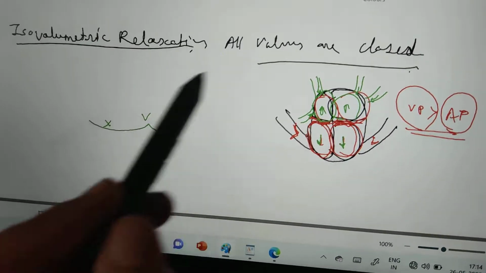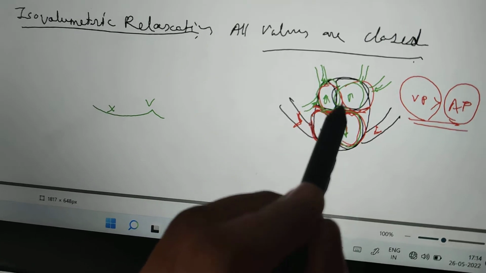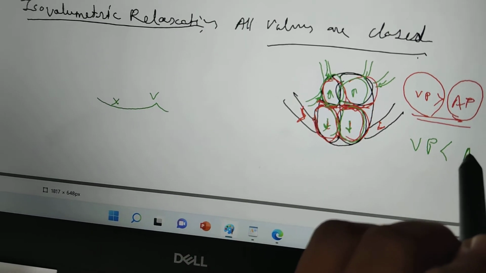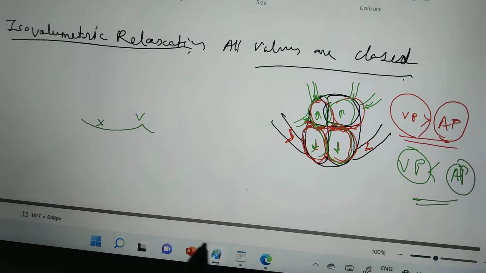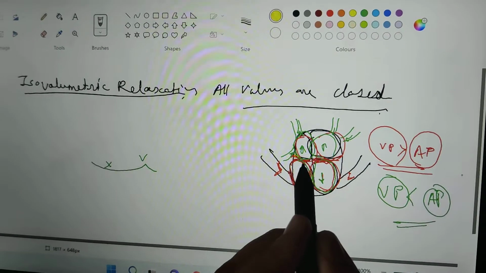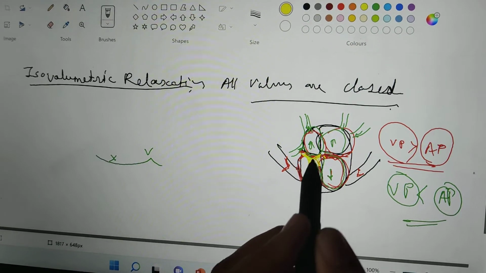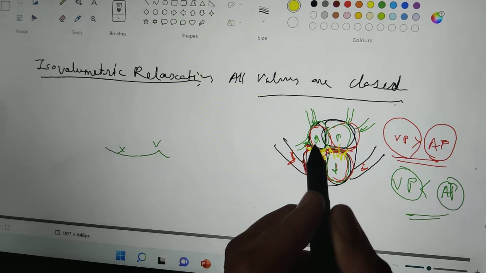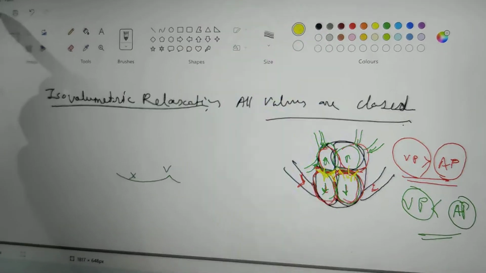At the end of this phase the ventricular pressure decreases to less than the atrial pressure, and so the atrioventricular valves open. So this was the isovolumetric relaxation.